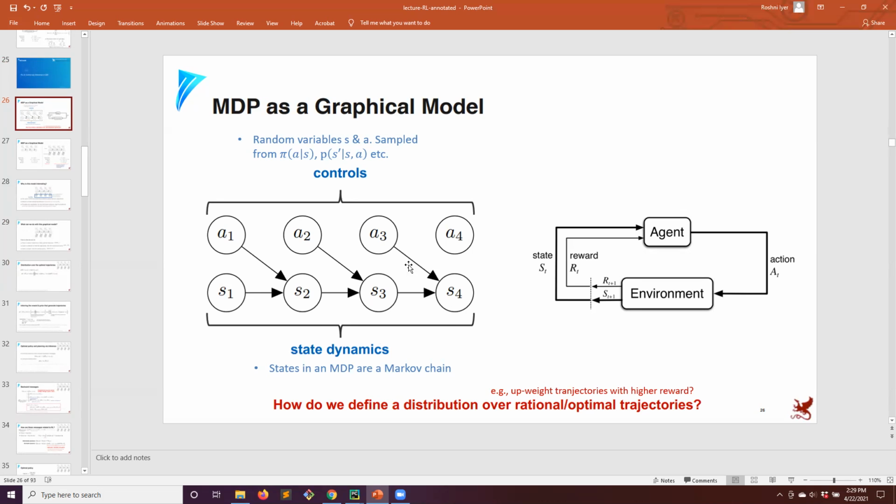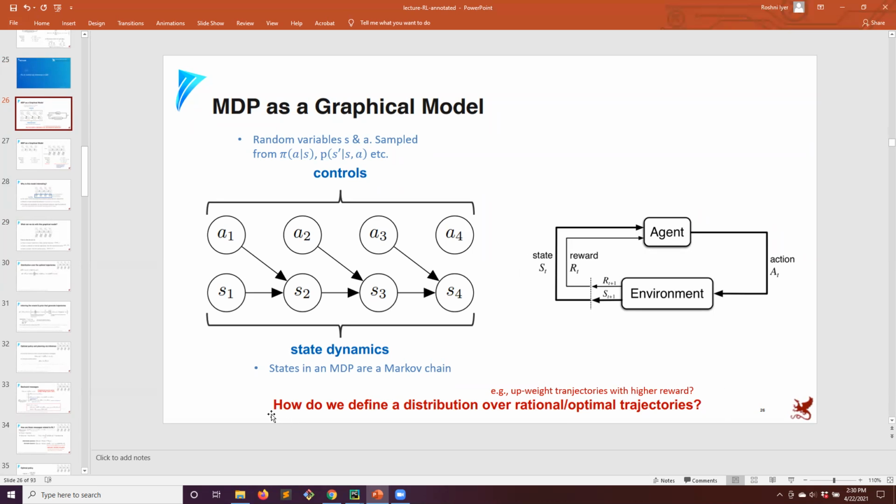If we just take the states, this forms a Markov chain. And the states and the actions, as we will see later, are random variables, and they can be sampled from this policy of a given s for the actions, and the states are sampled from the transition dynamics of the environment.